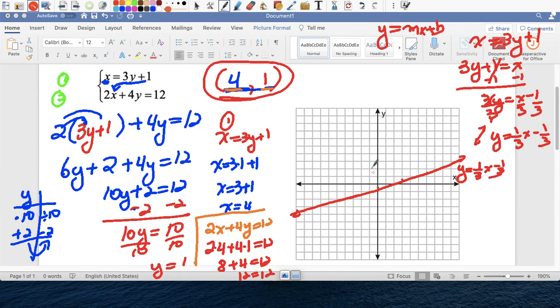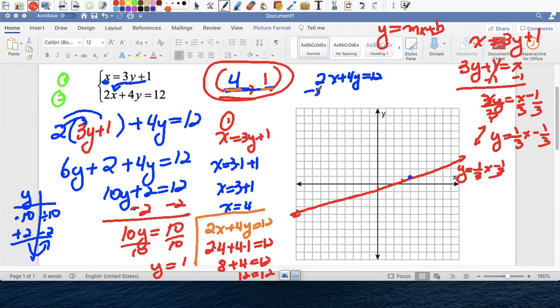Second line. The point of intersection that we found, I'm going to draw that out: 1, 2, 3, 4, and 1 up. There's a point right here, the point of intersection. The other line is 2x plus 4y equals 12. We have to rewrite that in terms of y.